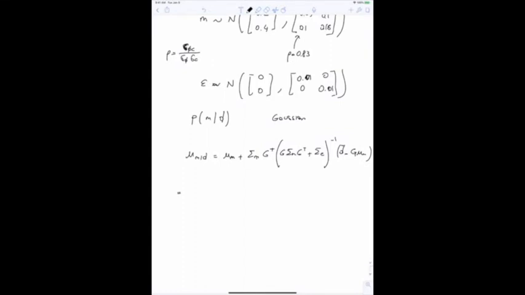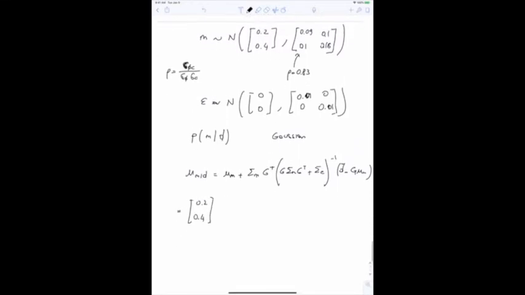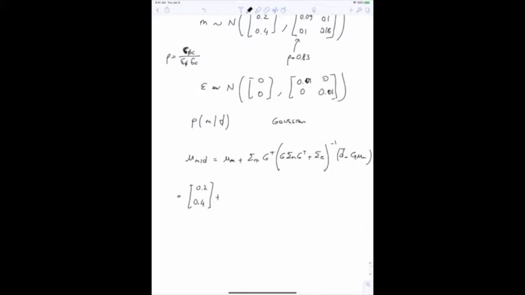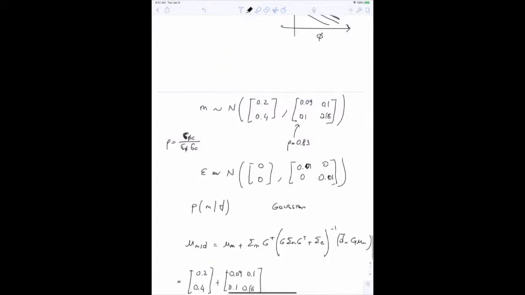Okay, so this one here would be 0.2, 0.4, the prior mean. Then we have the covariance matrix, which is 0.09, 0.1, 0.1, 0.16, times G transpose, which is this one here.